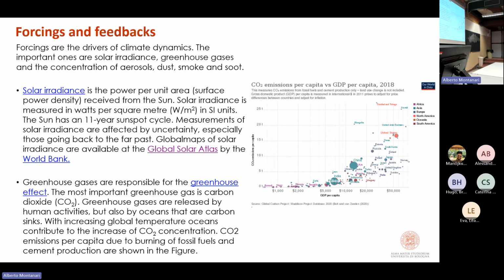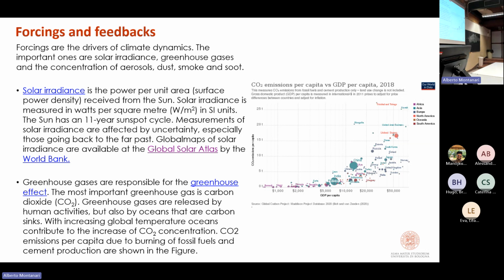And you understand, for instance, that when there is a lot of humidity in the atmosphere, the temperature is increasing. We know that on clear days, the temperature is colder than on foggy days, for instance. And this is due to the action of water vapor as a greenhouse gas.